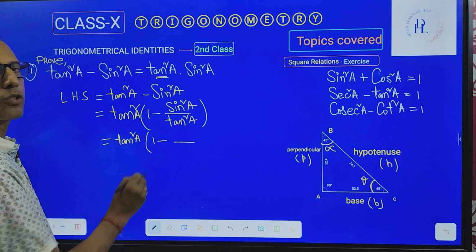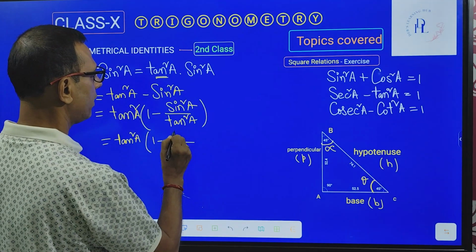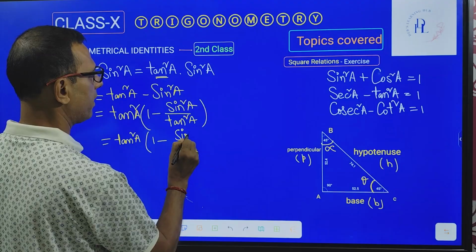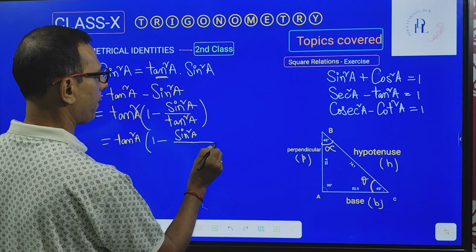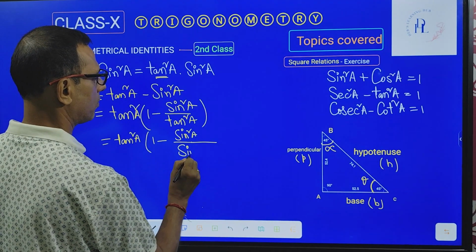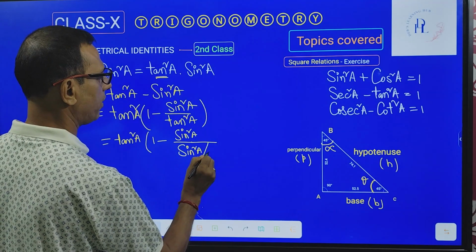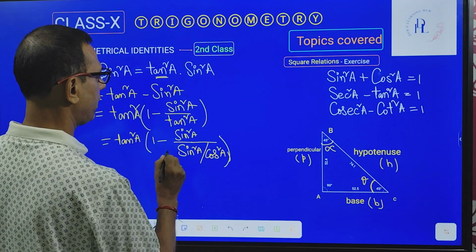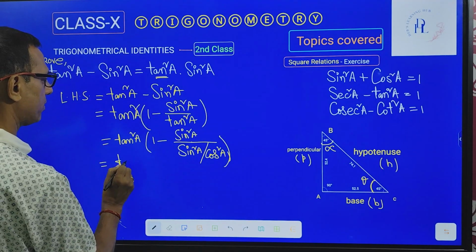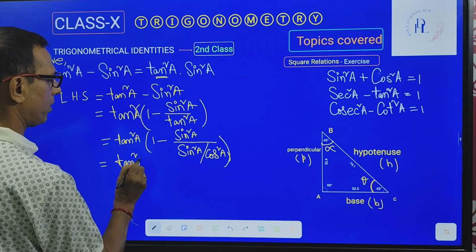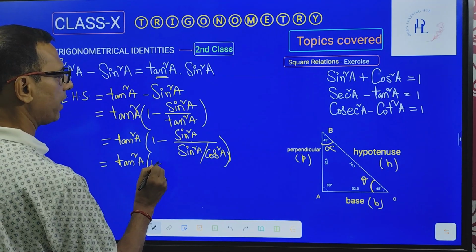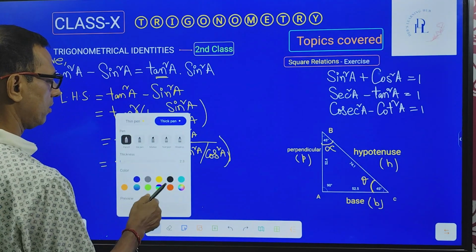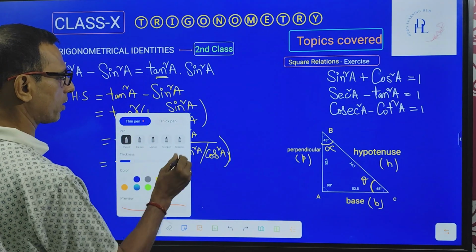Tan square A means sin square A by cos square A. That means it is sin square A divided by sin square A by cos square A. Right? So it's very simple. Tan square A into 1 minus, the sin square A and sin square A, these two are cancelled.